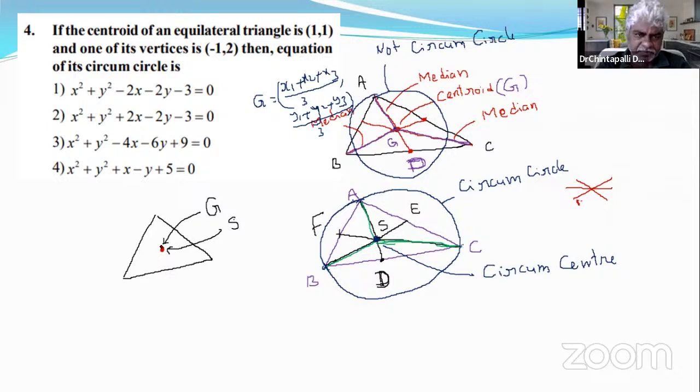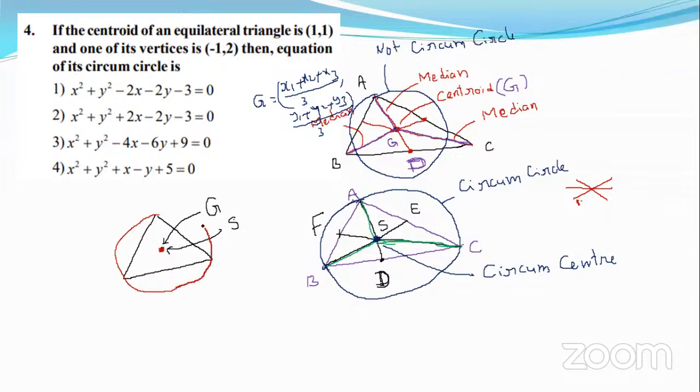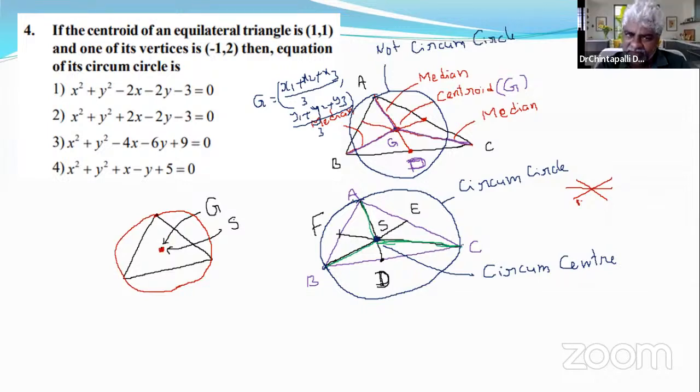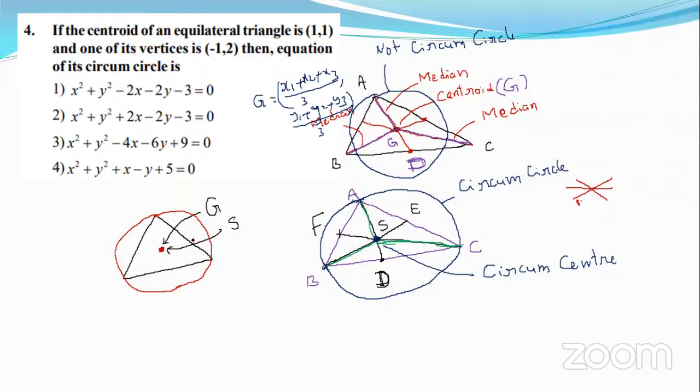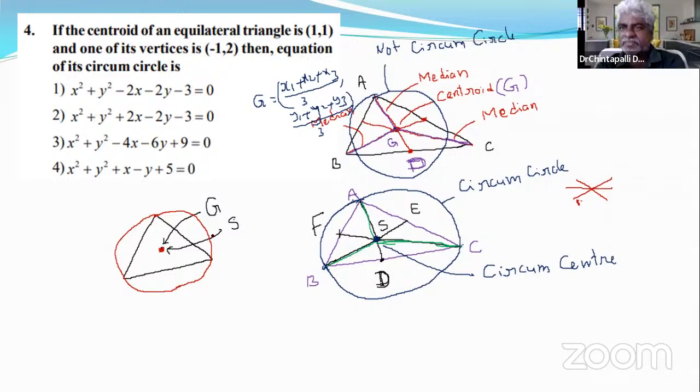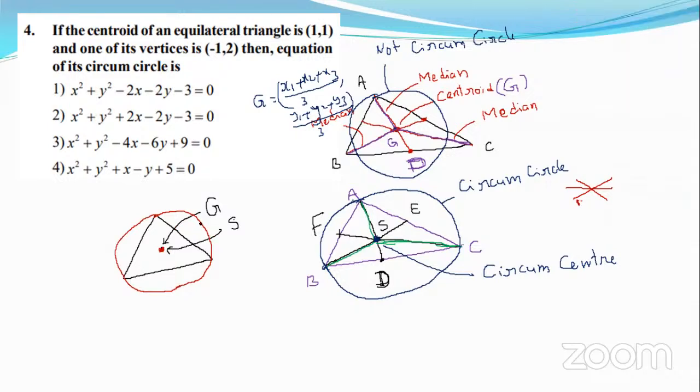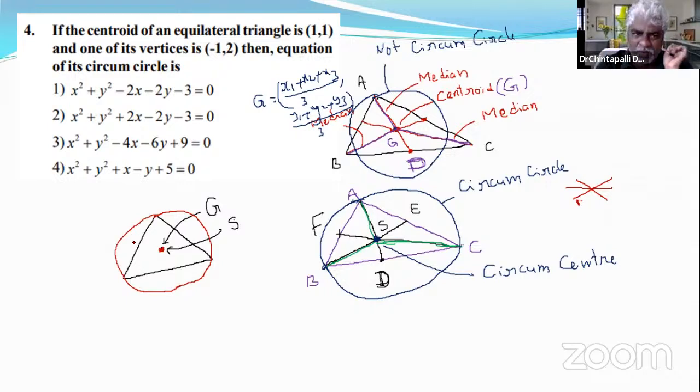All centers are the same. For example, if we assume this is the centroid and we draw a circle with this as the center and the radius as its distance from any of the three vertices, even if we use the centroid, that circle touches all three vertices, because centroid and circumcenter are the same. This happens only when the triangle is an equilateral triangle.